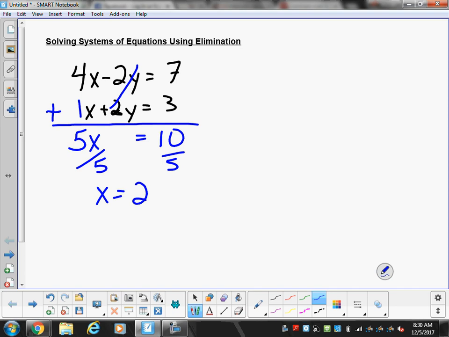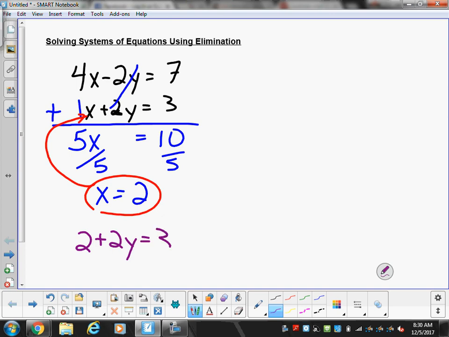Okay? Once you get that one variable, it's the same process that we did last time. We take that value and plug it back into one of the equations. I'm going to choose the second equation because it's the easiest, since I do not have to multiply anything times that 2. When I replace that, it becomes 2 plus 2y equals 3.